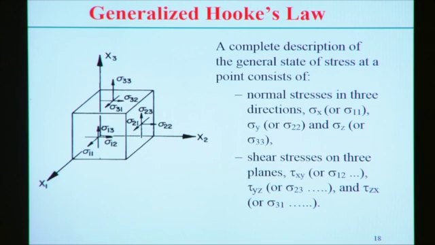Similarly, the shear stress component tau xy can be represented as sigma 1,2, tau yz as sigma 2,3, and tau zx as sigma 3,1. So throughout our analysis we can use both notations, either sigma x or sigma 1. In that way we can carry out further analysis of the three-dimensional state of stress.